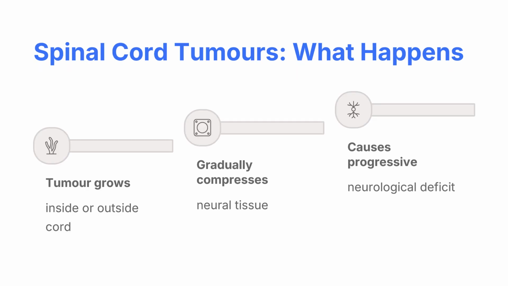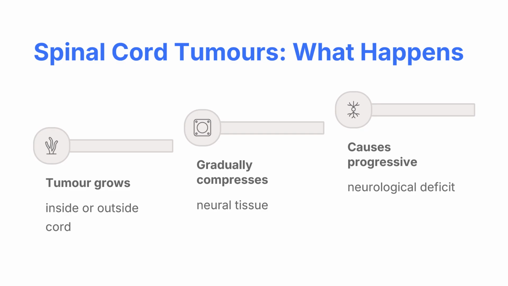Now let us learn about tumors of the spinal cord. These tumors compress the neural tissue and gradually cause progressive neurological deficits. Similar to hydrocephalus, where the overall brain was compressed due to higher cerebrospinal fluid, here a part of the neural tissue is compressed due to abnormal cell growth.